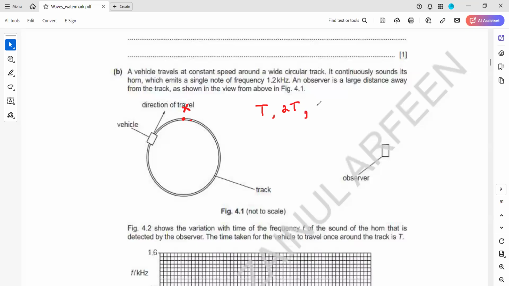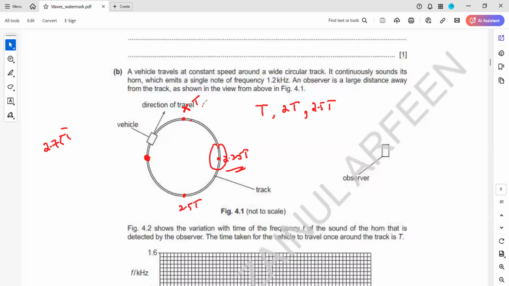Then at time 2.5t, it will be here. And at 2.25t, it will be here. If they say position at 2.75t, then this will be the position.